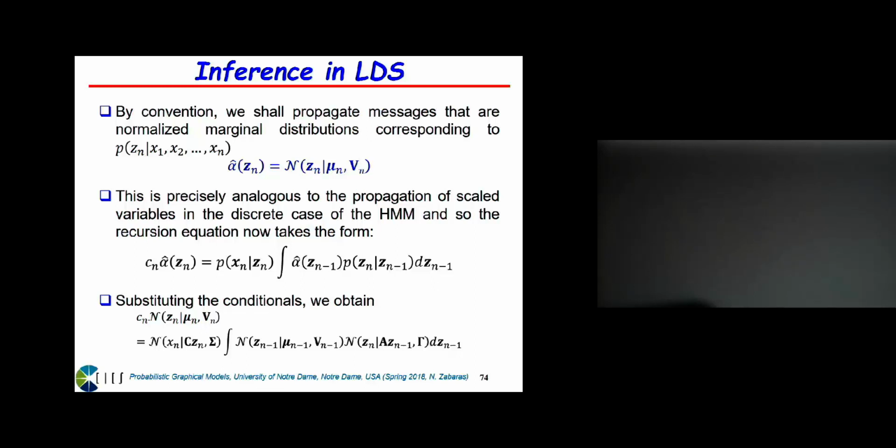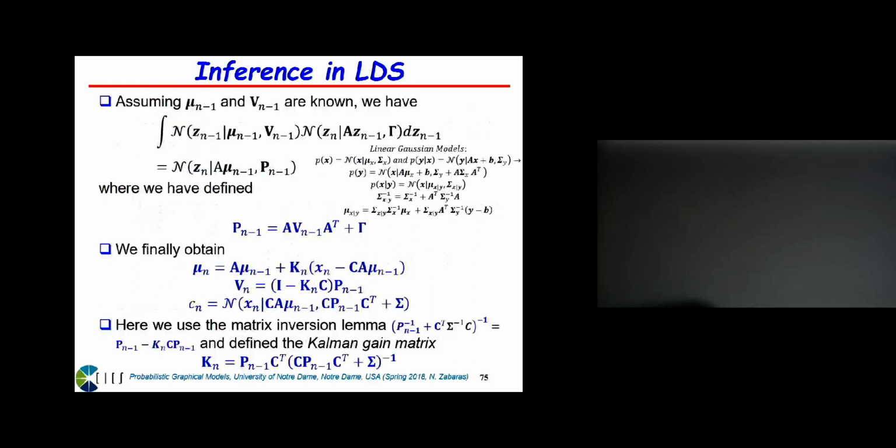We need basically to compute the posterior of this. So here it is not marginalization. What we need to do is go from P of x given y to P of y given x, and this coefficient Cn is really the normalization factor for P of x. So here is what you need.